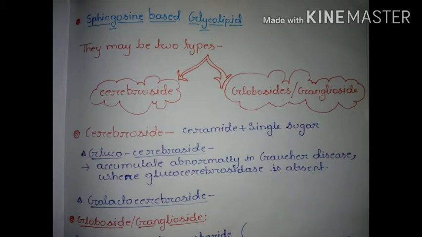For stage 1 there is some treatment or medication, and there is enzyme replacement therapy which is very effective in the treatment of Gaucher disease. Now galactocerebroside, when a galactose is attached with the ceramide, it is called galactocerebroside.